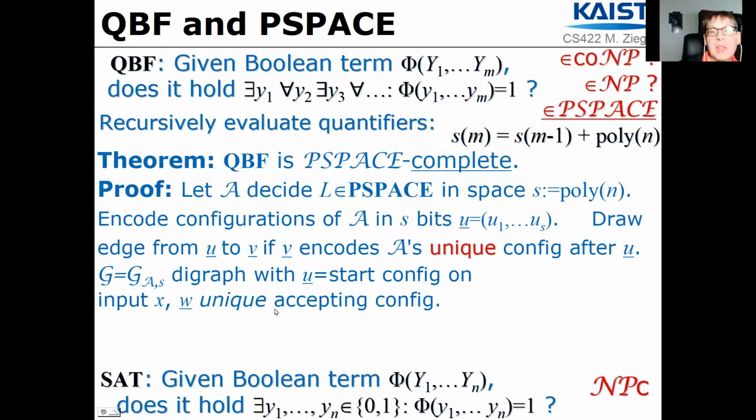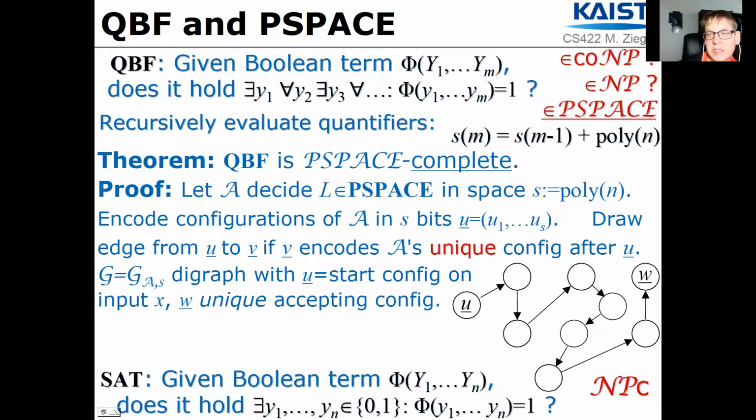And this is unique, right? If it is not unique, then we can make some additional modifications. I don't want to expand on that. Let's just talk about the unique accepting configuration, the configuration where the algorithm stops and outputs yes, this input X belongs to L. I give a positive answer, that is a positive instance.